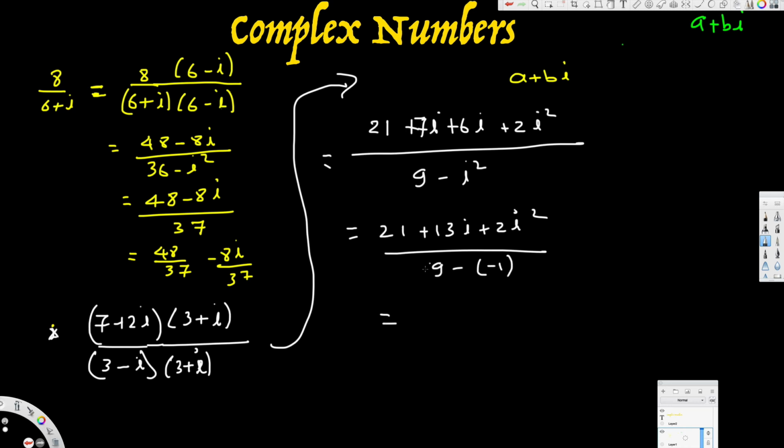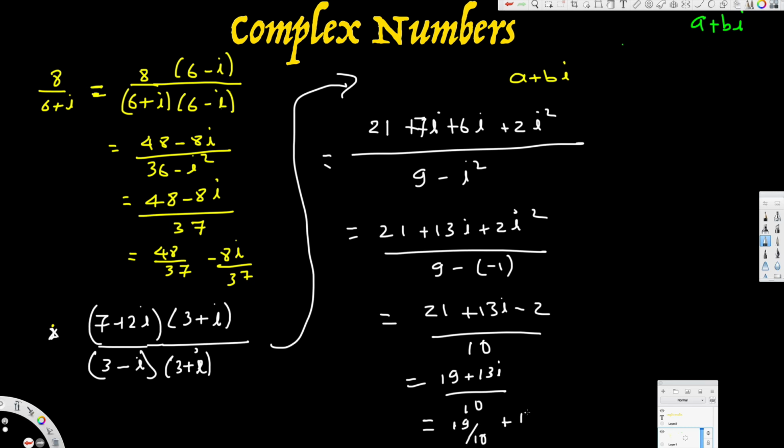In the numerator, 2i square is negative 1, so negative 1 times 2, negative 2, and in the bottom we are going to get 10, and then 21 minus 2 is 19, so 19 plus 13i divided by 10. So finally we have to give it in the standard form a plus bi. So we just divide 19 by 10 and also the 13i by 10 separately, and that gives us the standard form.